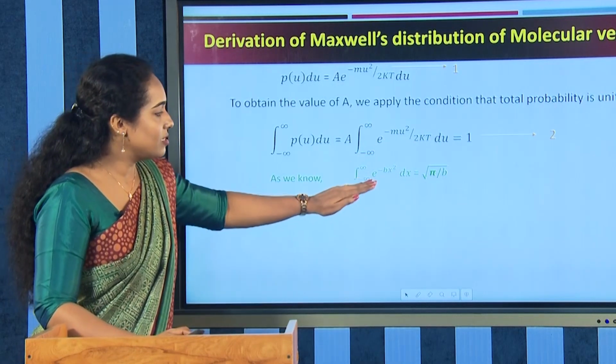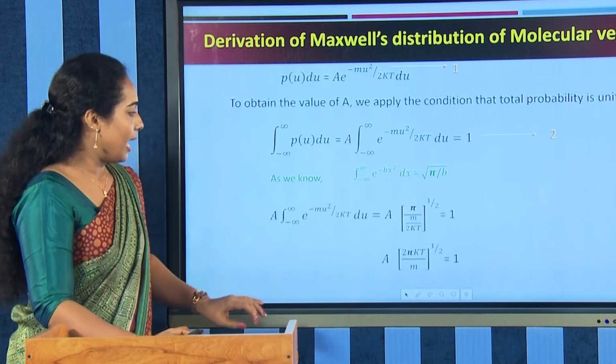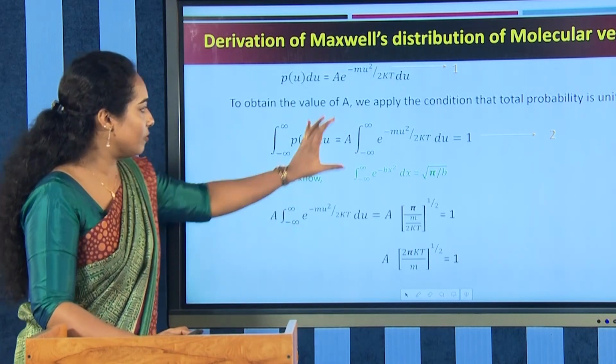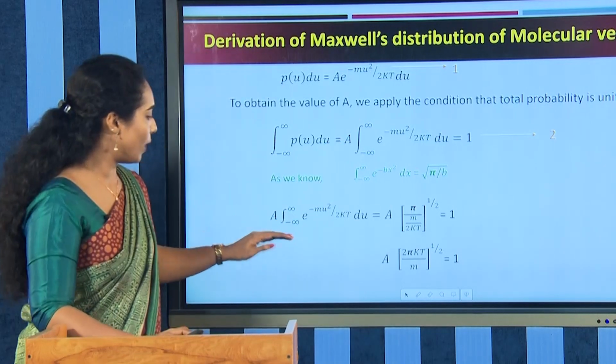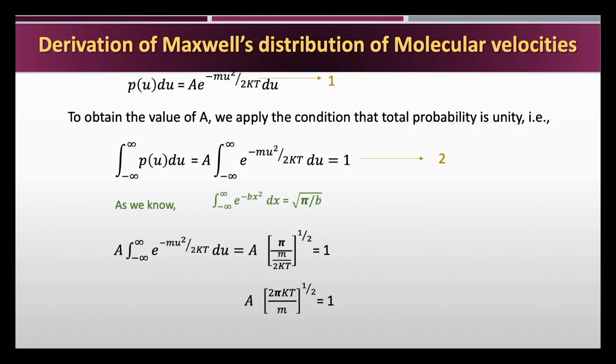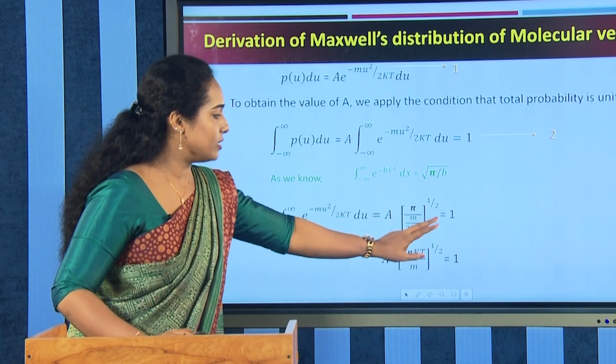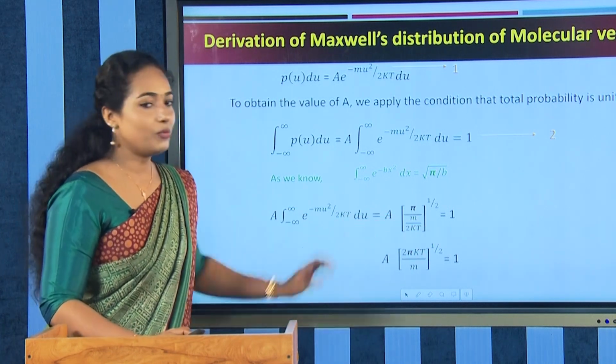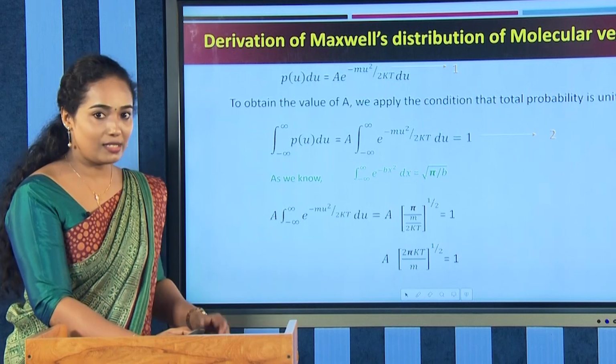So we apply this result to ours, and we have A times the integral from minus infinity to infinity of e raised to minus mu square divided by 2kT du, which equals A times pi divided by m divided by 2kT, all raised to 1 by 2, which is equal to 1, and from this we can now easily estimate the value of A.